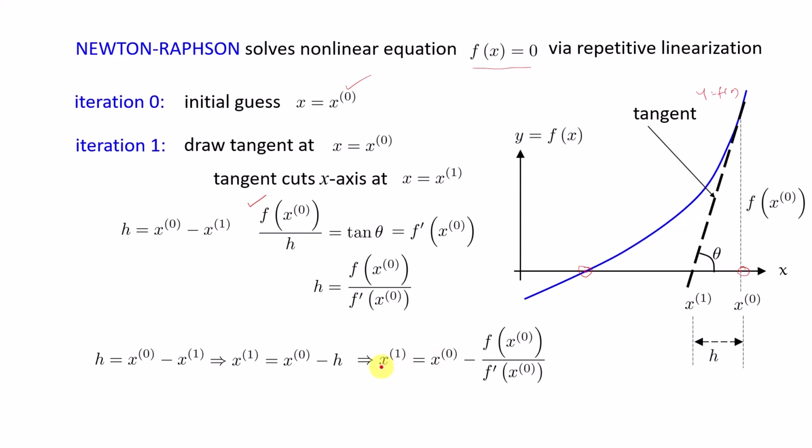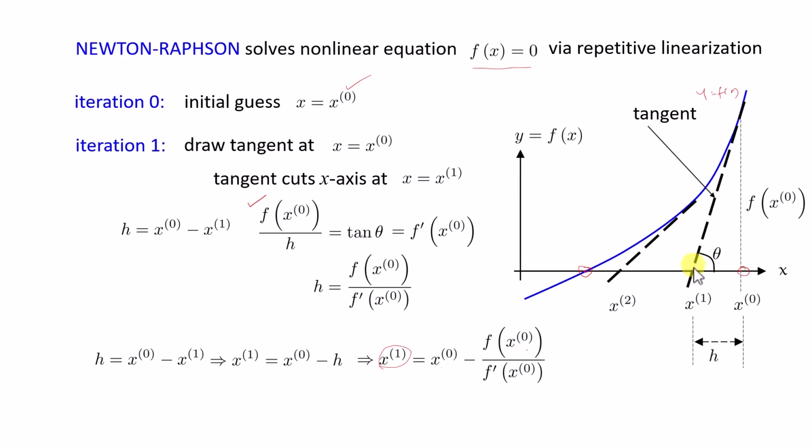So to find this updated guess x1, we need only some values at x0: the x0 itself, the value of the function at x0, and the derivative of the function at x equals x0.